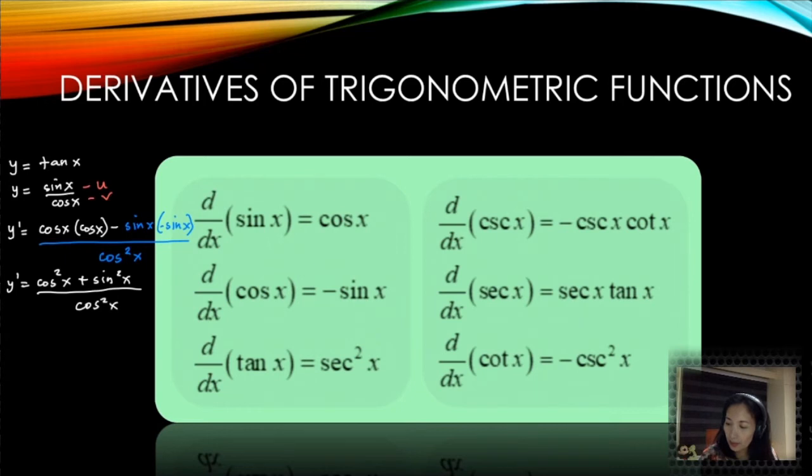Now, I want you to pay attention to the numerator. What can you say about the numerator? Is there any way by which we can simplify the numerator? Cosine squared x plus sine squared x. From your Pythagorean identity, let's check on it once again.